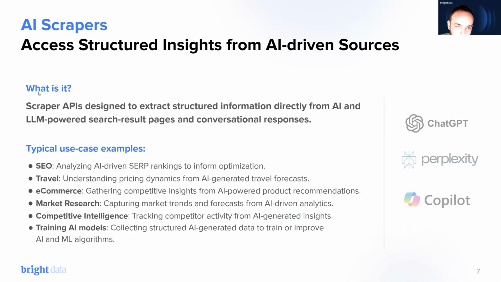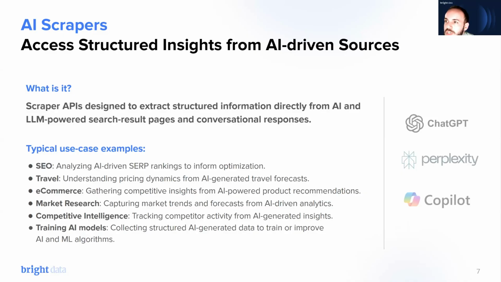What are the AI scrapers? Basically, the same way that you go to ChatGPT and write a prompt, you can do it using your scraper, sending thousands of prompts and getting their answers directly from ChatGPT. Same with Perplexity and Copilot, of course. We support all three of them right now, and we are working on more.